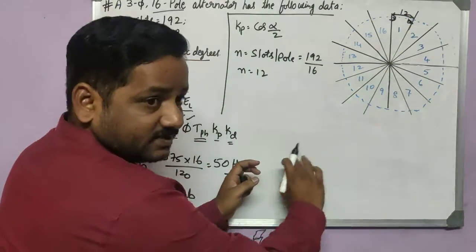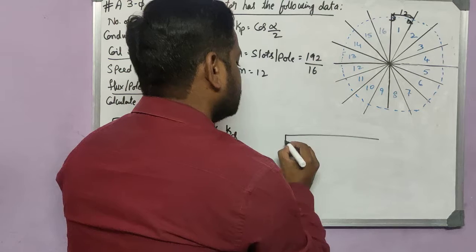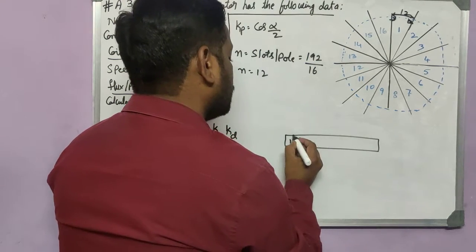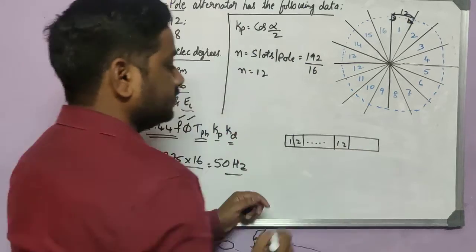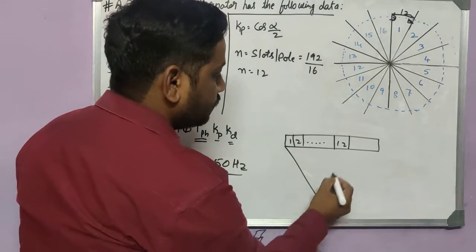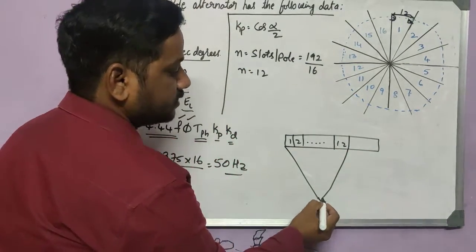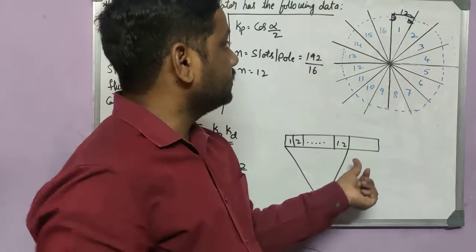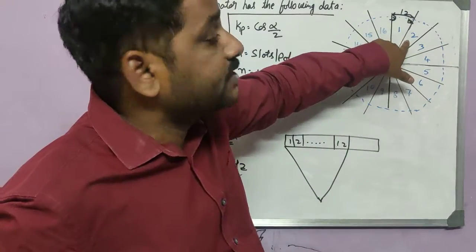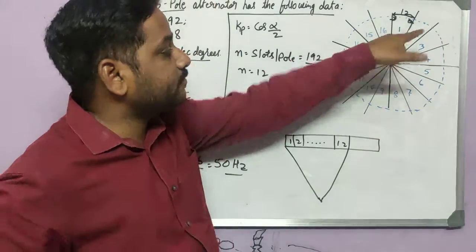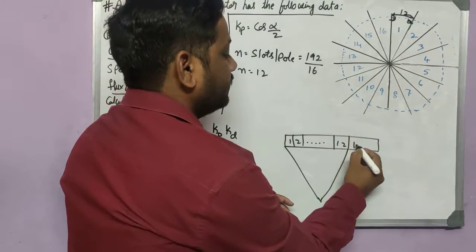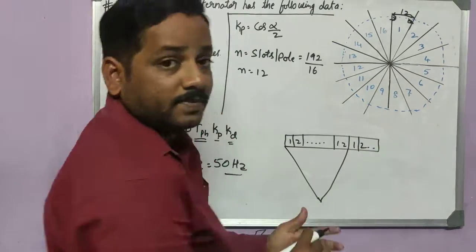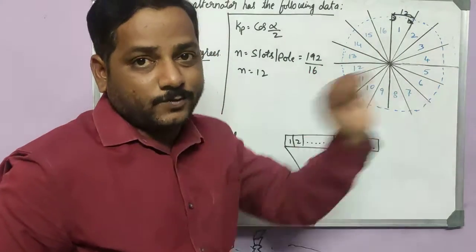So I will represent slot number 1, 2, up to 12. There are 12 slots in one pole. After this, we come to the second pole. In this second pole, I will rename the 13th slot as 1 again, then 2, and so on. Again there will be 12 slots in this second pole.